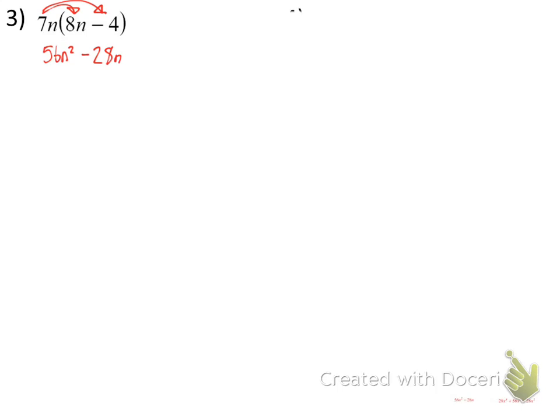Okay, number 4, ready, set, go. Make sure you got it right. So again, 7x squared times 4x squared is 28x to the fourth.